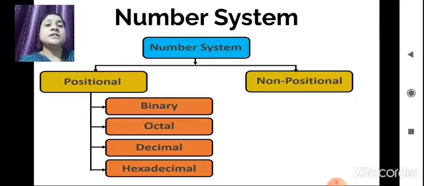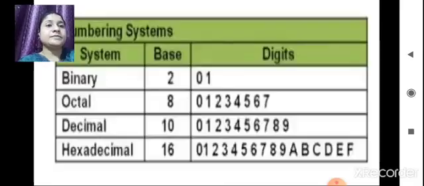In positional, it is further divided into binary, octal, decimal and hexadecimal. These are the number systems we are going to see.